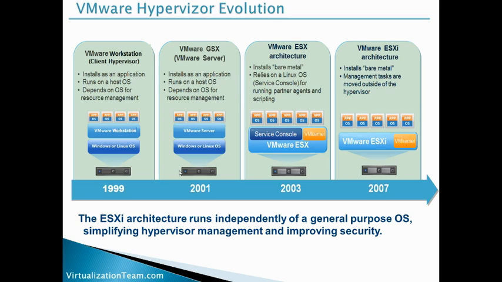In 2007, another breakthrough in hypervisor technology came up, where VMware decided the service console, which used to be a Linux partition coming as a part of VMware ESX, was not required anymore. By removing that, we increase the security and require less patching, which was needed for this Linux partition.